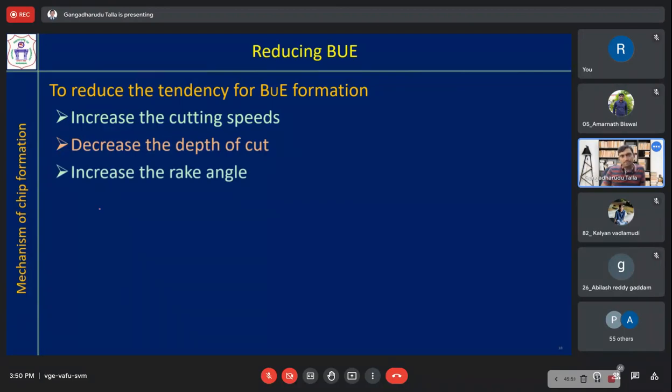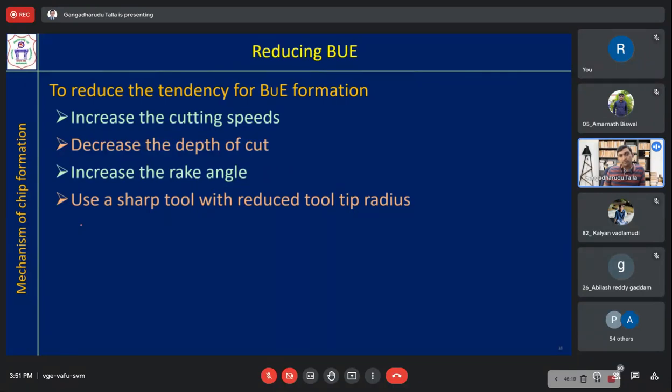The workpiece will not bulge in front of the cutting tool much if you are removing a very small amount. Increase the rake angle. If you are increasing the rake angle, then the cutting tool is becoming sharp and you are cutting very easily. If the rake angle is less, you have to exert more force, as I told you. That will lead to more heat generation and built-up edge formation. Use a sharp tool with reduced tool tip radius. Use a very sharp tool.